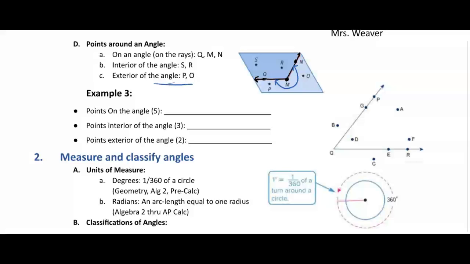We see this here with P and O, because they're in this outer reflex area of this angle. And the points that are inside the narrow area of the two rays are interior to the angle. So that would be R and S.